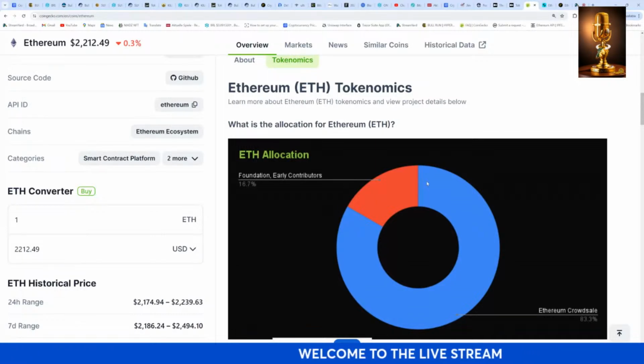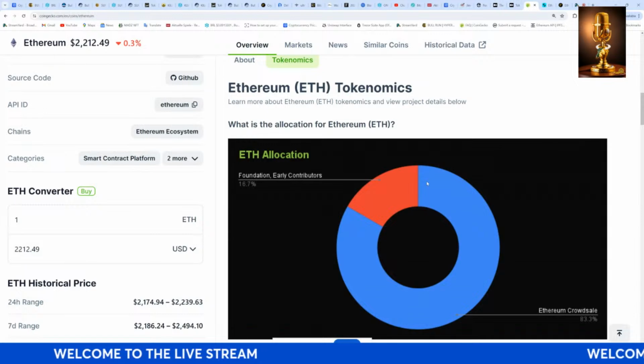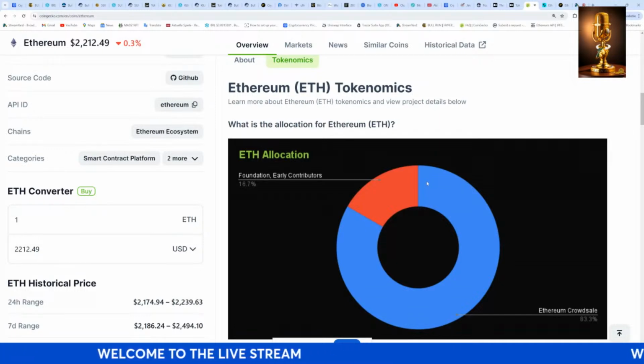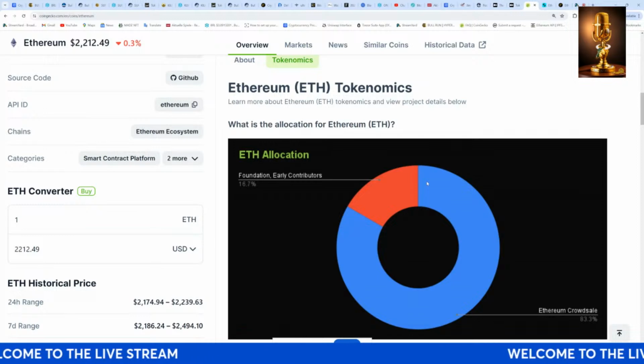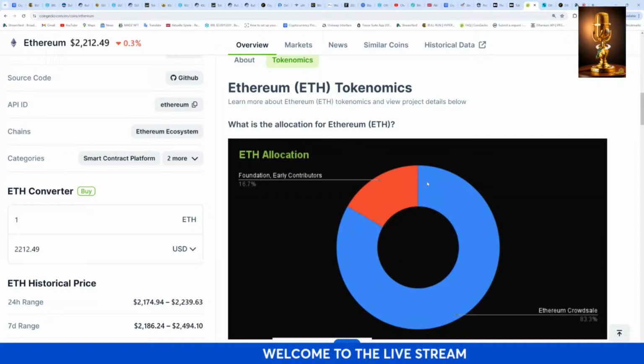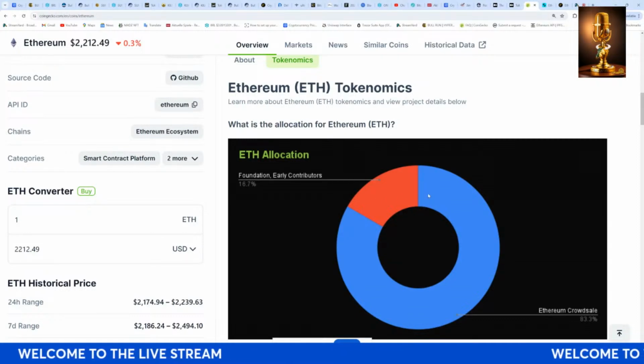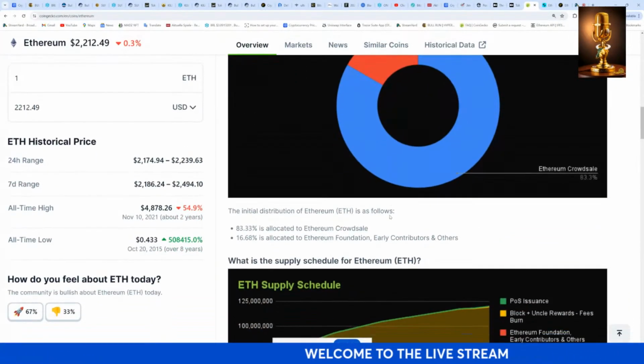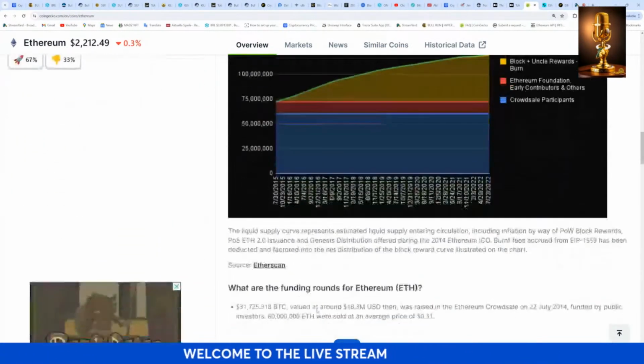So unlike Bitcoin, which is proof of work, where miners have to use strong, powerful computers to mine Bitcoin, here you are able to just participate in the crowd sale and purchase Ethereum on the open market publicly. They allocated 83% of the tokens, and they started with 60 million tokens put up for sale.